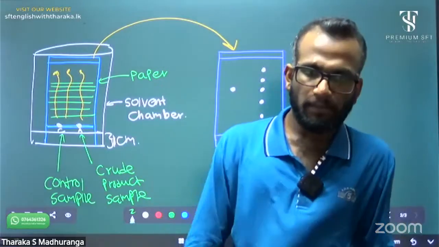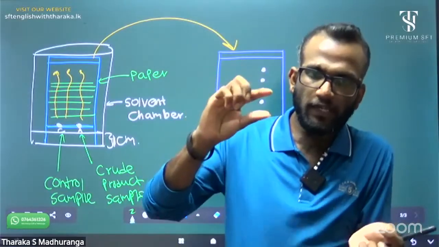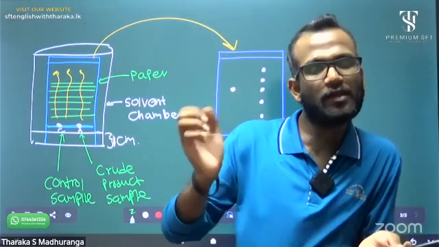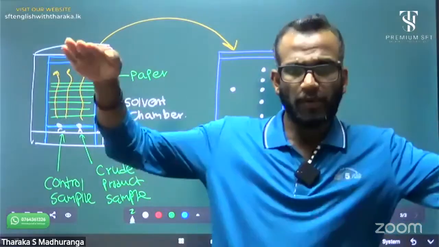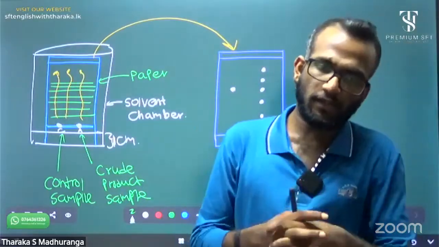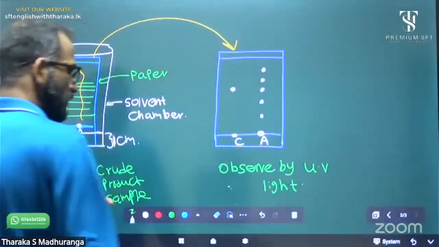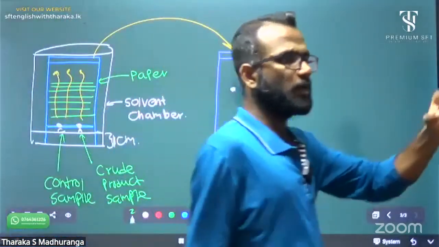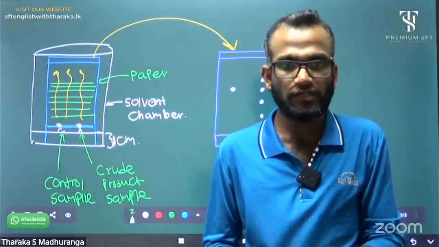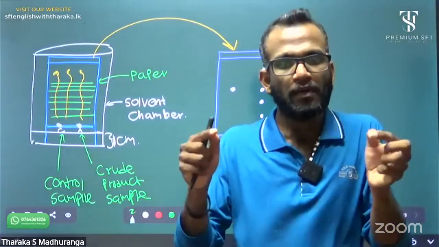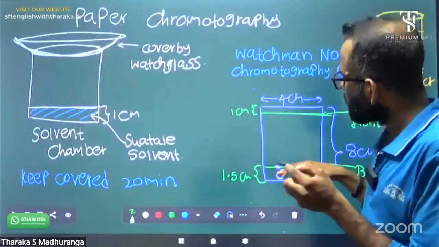Prepare the solvent chamber. We have to select a suitable beaker and add suitable solvent up to 1 centimeter height, close it with a glass plate and keep it to rest for 20 minutes. Next, get Whatman number 1 chromatography paper with 8 by 4 centimeter dimensions and draw the baseline 1.5 centimeter above the bottom end.